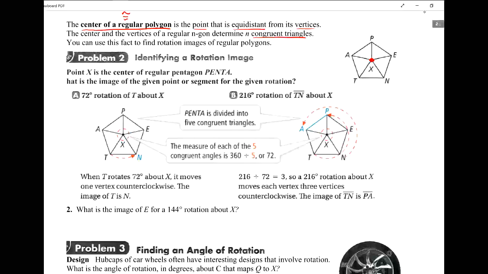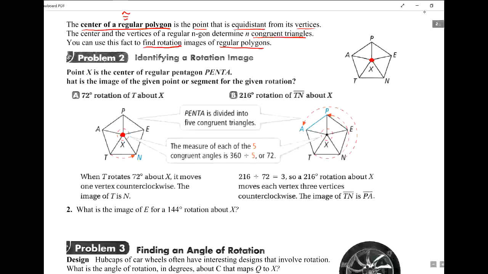We can use this to find rotations of regular polygons. So let's look at our first example here. It says point X is the center, I like the center of my rotation, a regular pentagon PENTA. Oh, isn't that clever?